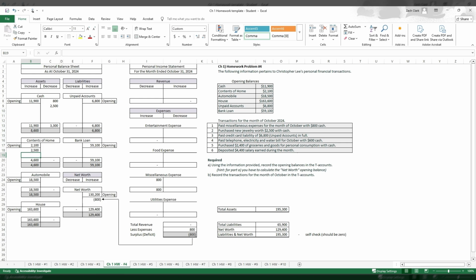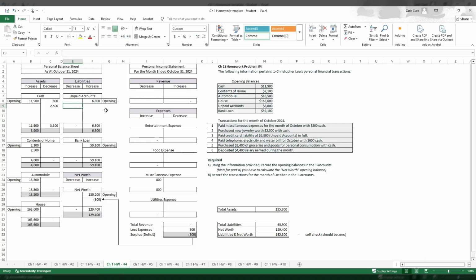That will be the account that we use to represent the increase in our jewelry expense, our jewelry asset purchase. Now we paid our credit card liability in full, so that means we paid this. That credit card liability is what is included here in the unpaid accounts account, and we are saying that we are paying this off.